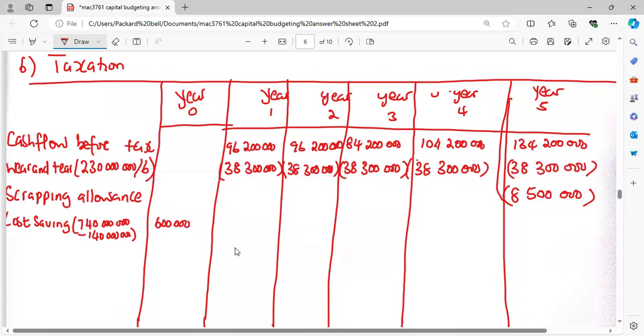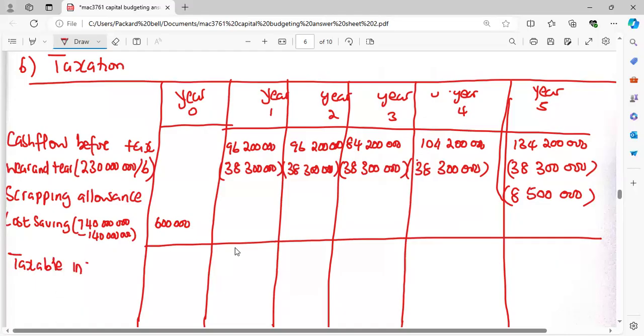Right, so that is going to be a cost saving. The next thing that we need now is our taxable income.